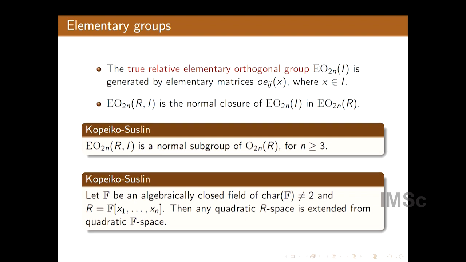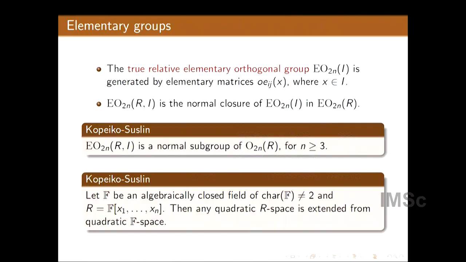This says that if F is an algebraically closed field of characteristic different from 2, then any quadratic R space, where R is a polynomial ring over a field, is extended from a quadratic F space. This theorem, before it was proved, was also known as Parimala's conjecture, in the sense that Parimala showed that this result is not true when you are considering a polynomial ring in 2 variables over the reals.